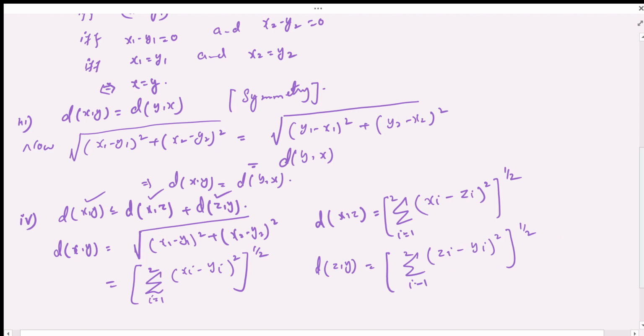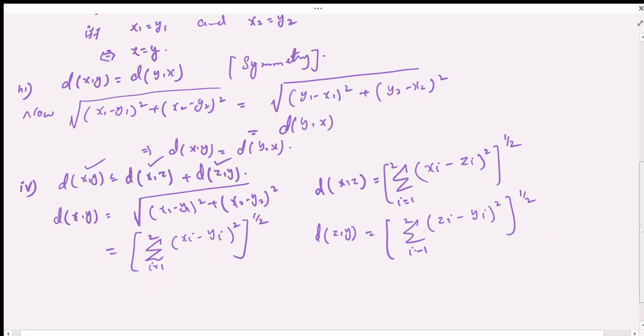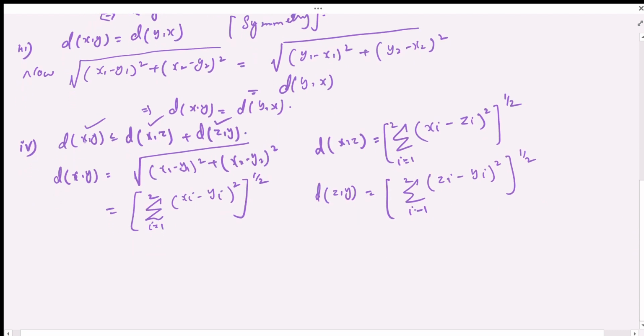Now see clearly, I have to show that d(x, y) is less than or equal to this thing. I will suppose that it is, and at last I will show that what I assumed is actually true. Okay, now before proceeding, let me do one more step here.